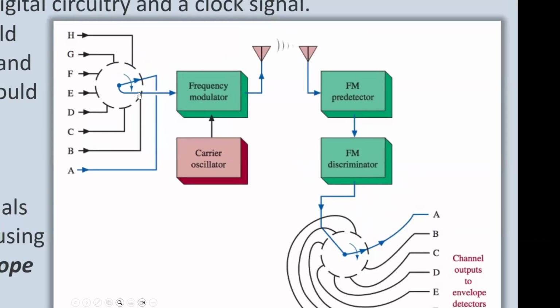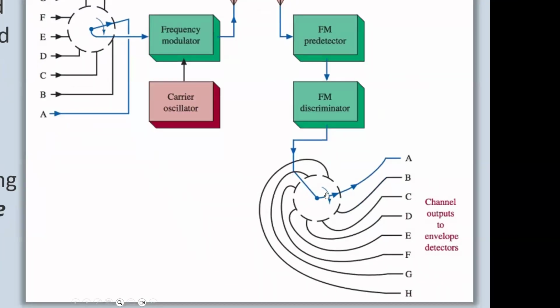When the dial moves to the B signal, then at the same time this dial moves to the B signal, not at the same time in real time, but with the same intervals.